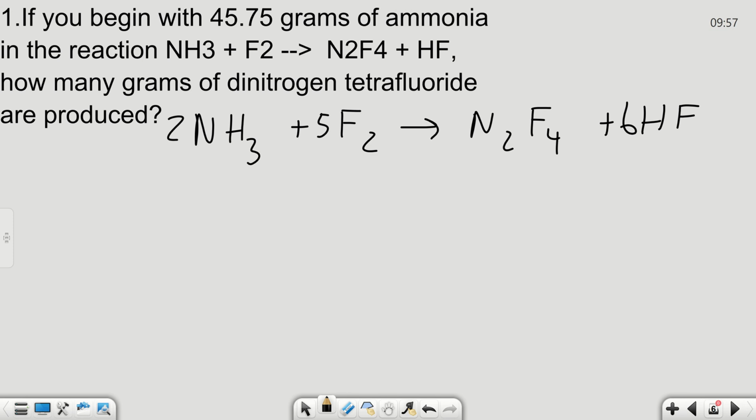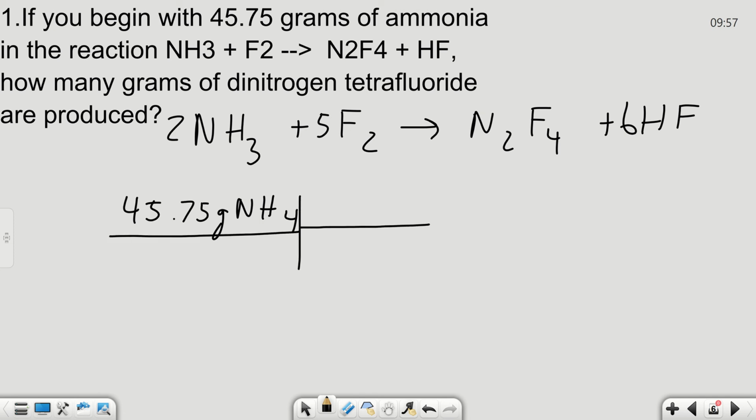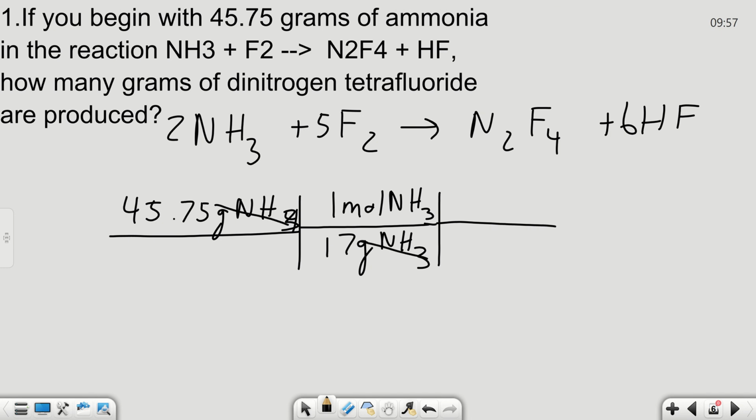It starts with 45.75 grams of ammonia. I need to change this to moles, so 17 grams of NH3 to 1 mole of NH3. I'm now in moles if I stop right there.